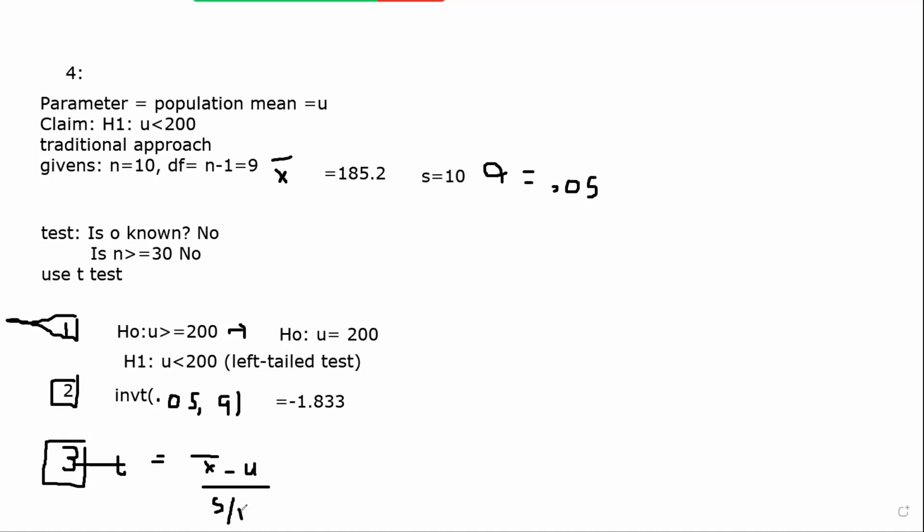So this is going to be X bar is 185.2. Let me put it on screen. This is 185.2 minus my mean, which is 200.